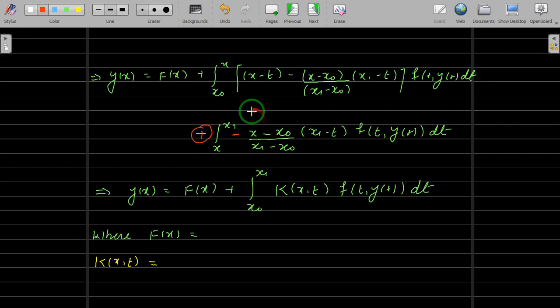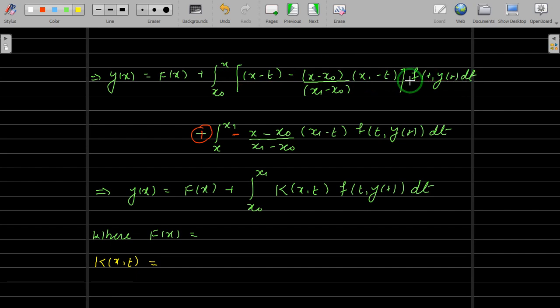And then you have to write what is the function k x t. So see this, what I am writing is correct. Now when you see here, there is x0 to x, and the variable for these limits is t. You are integrating with respect to t.